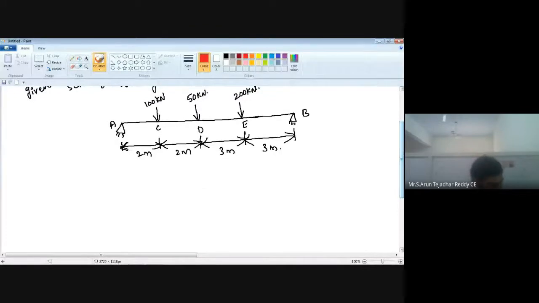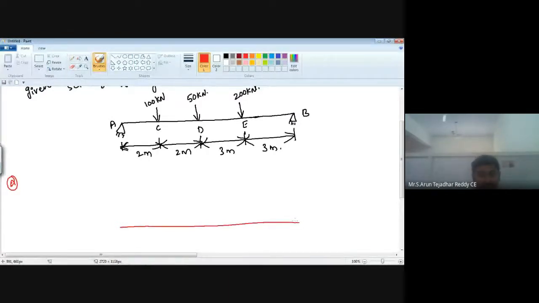Here there are a number of point loads: 100 kilonewton, 50, 200 kilonewton. Our question is to calculate reaction at B. So first of all, draw the influence line diagram.